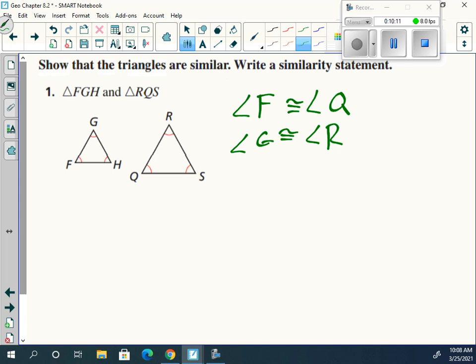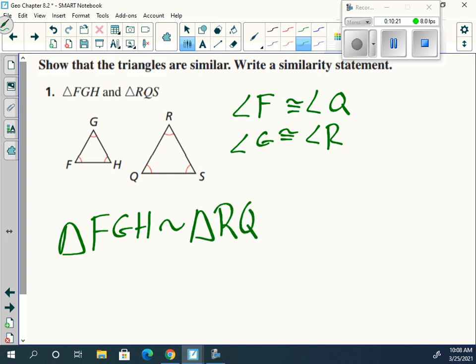So this is the interesting one because, well, I can say triangle FGH is similar to what? Triangle RQF. It really doesn't matter how we line these up because since all three angles are congruent in both, they're equiangular. It really doesn't matter how I line them up, they're always going to be similar.